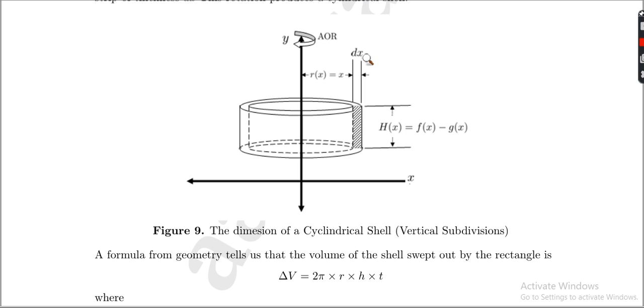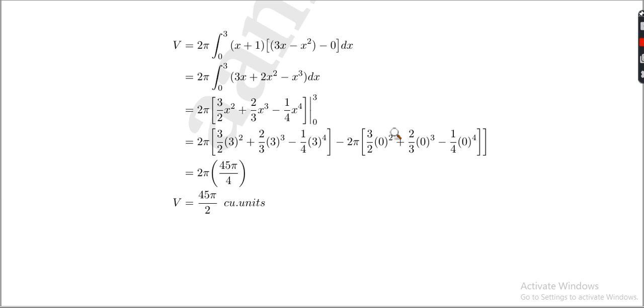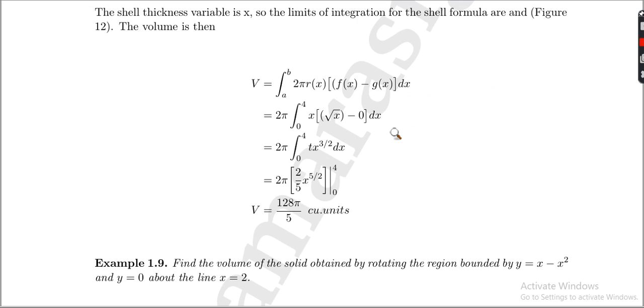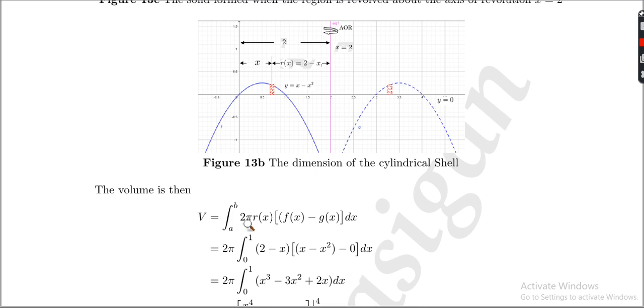And t is the change in x, which is equal to dx. So the formula for the volume of the solid using the cylindrical shell method is given by the integral of 2 pi times r of x, the shell radius, multiplied by f of x minus g of x, the height of the cylindrical shell, and then dx is the thickness of the cylindrical shell, evaluated from a to b.